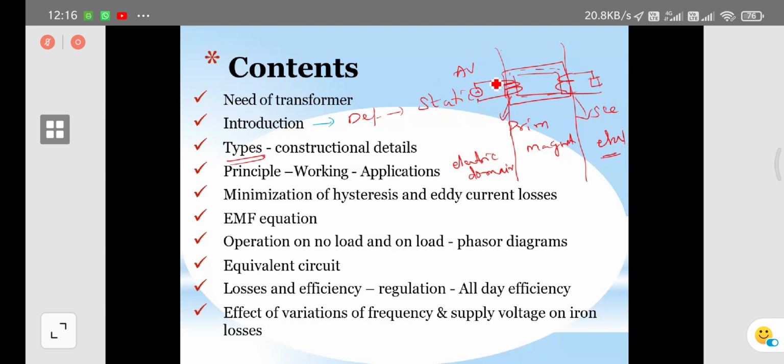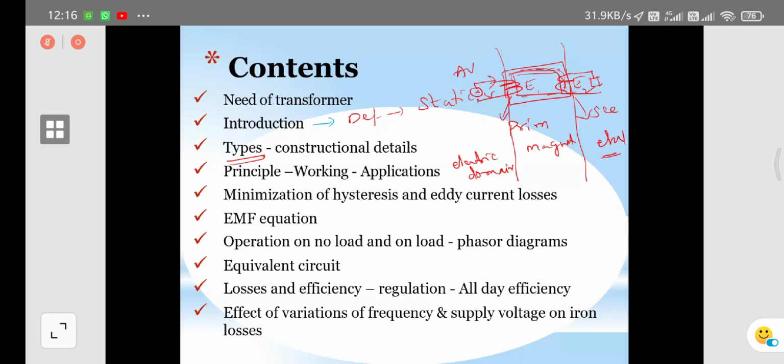The voltage causes a current, and when this current flows in the primary, it produces a magnetic force along with the flux. This force drives the flux through the primary winding. Before that, a self-induced EMF is induced, and when this flux links with the secondary side, an EMF is also induced there. That is E1 and E2.